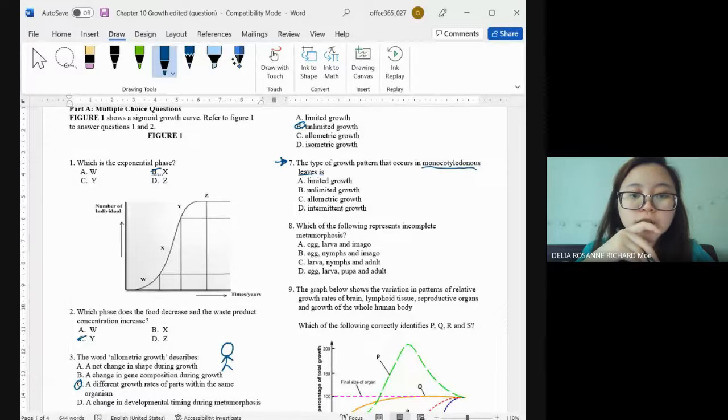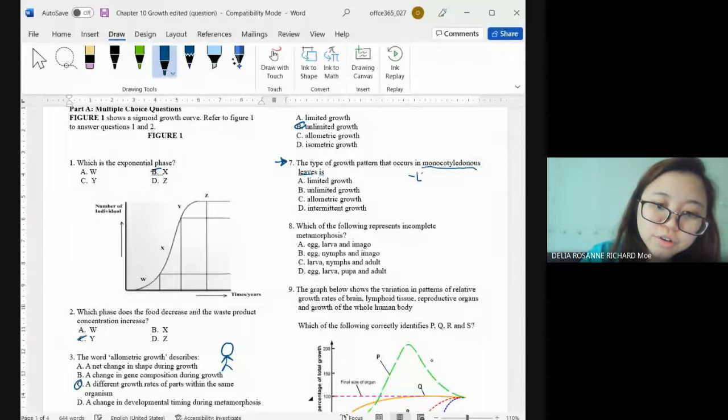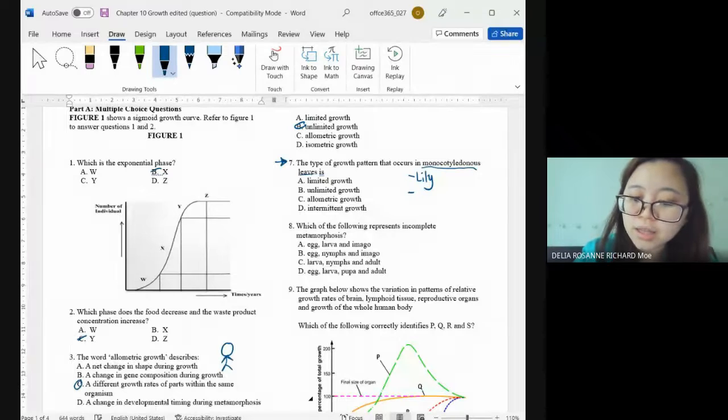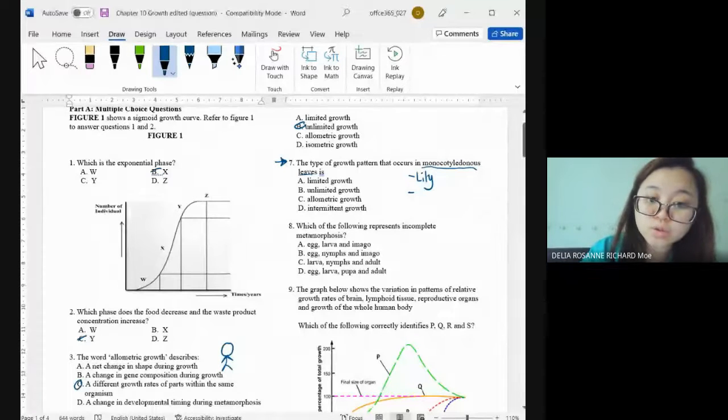Kah kamu langsung tidak tahu apa itu monocotyledonous leaves? Oh, okay. Leah, very good. Lilies, okay, very good. Dengan Uzain pun ada cakap dalam chat, tulips. So yeah, those are two good examples of monocotyledonous plants.